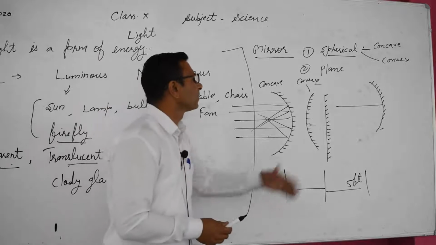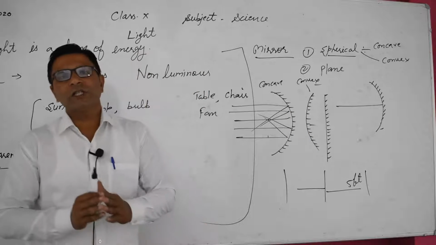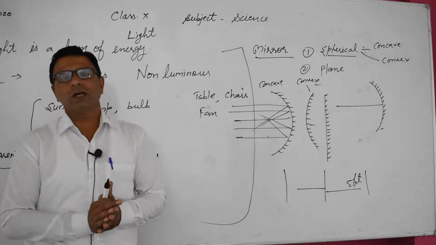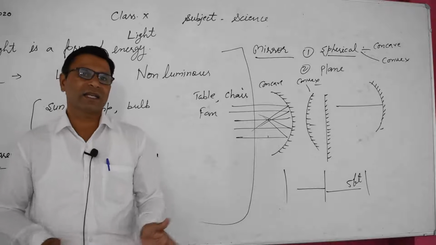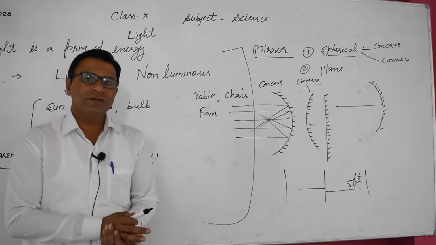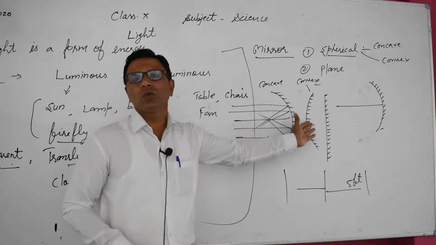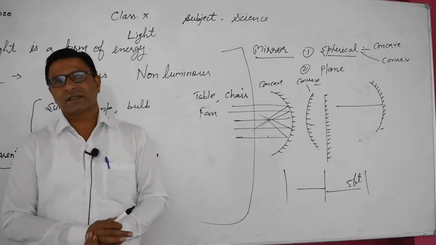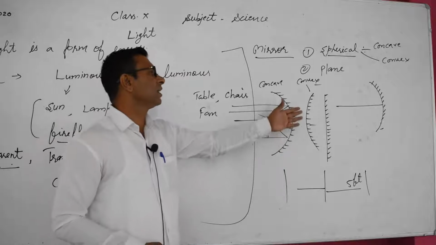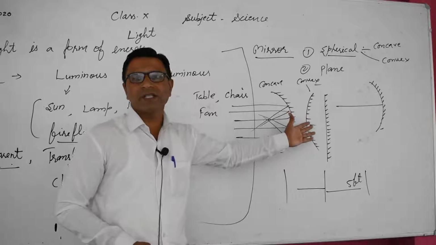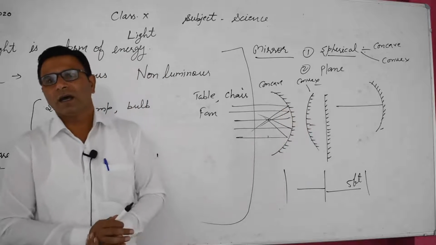And with the convex mirror, if you want to spread the light, like a street light, okay, we can use a convex mirror to spread the light. So dear students, these are examples of the uses of these mirrors.